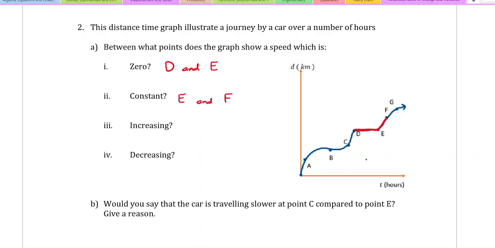Part 3, where is the speed increasing? So if I look in this first section, the gradient is getting less, so it's slowing down. Between B and C, that's starting quite slow and that's speeding up. So that section there is speeding up. Is there any others that are speeding up?